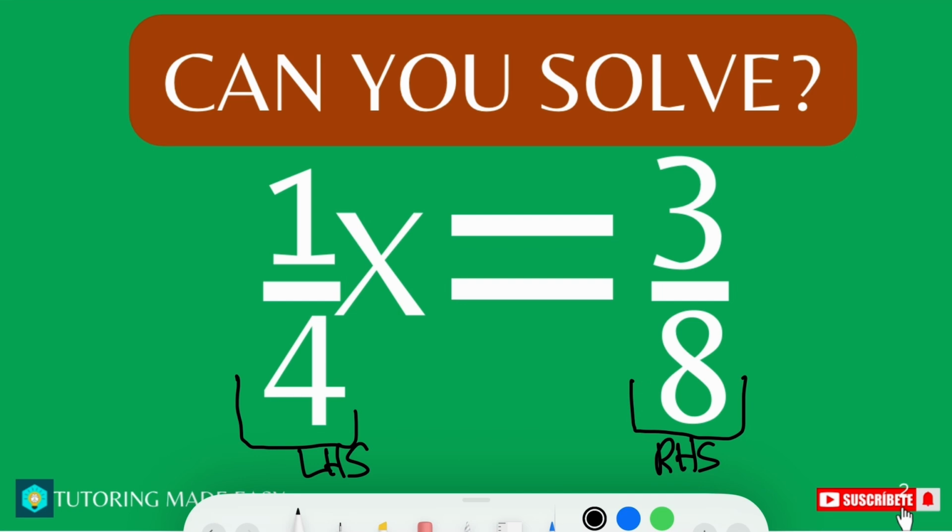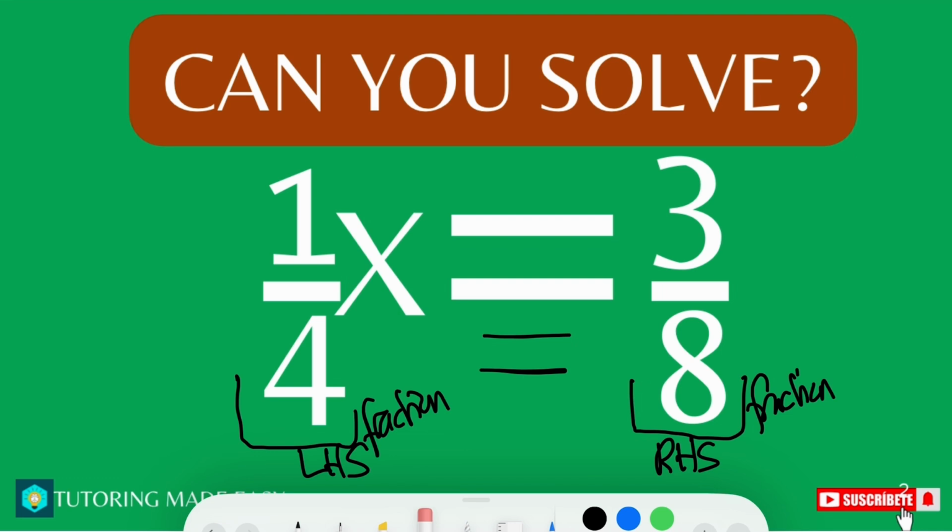We have only one fraction on one side and another single fraction on the other. Another observation is that there is an equal to sign that is separating these two.